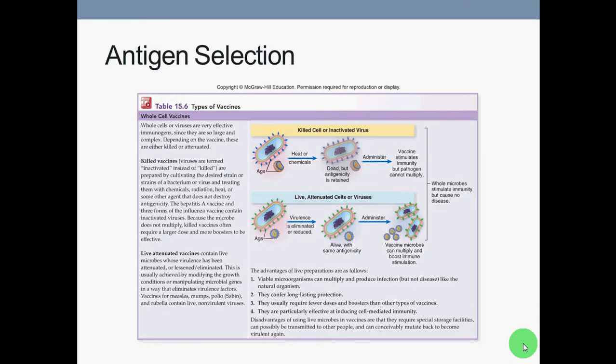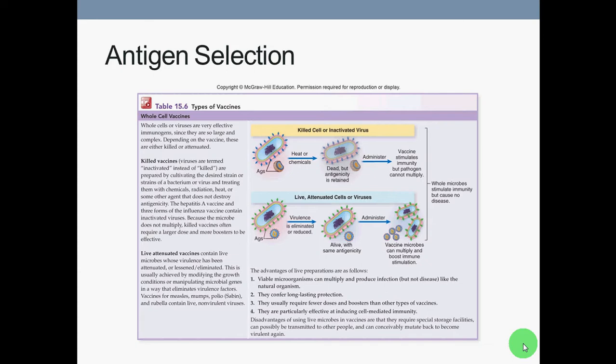So these are some examples of whole cell vaccines. This is killed versus live attenuated. This tells you some of the advantages to each of the types of vaccines, and also some of the disadvantages. Okay? So if you look at it, some of the advantages to having live or active preparations versus killed are that viable organisms can multiply and produce infection but not disease.